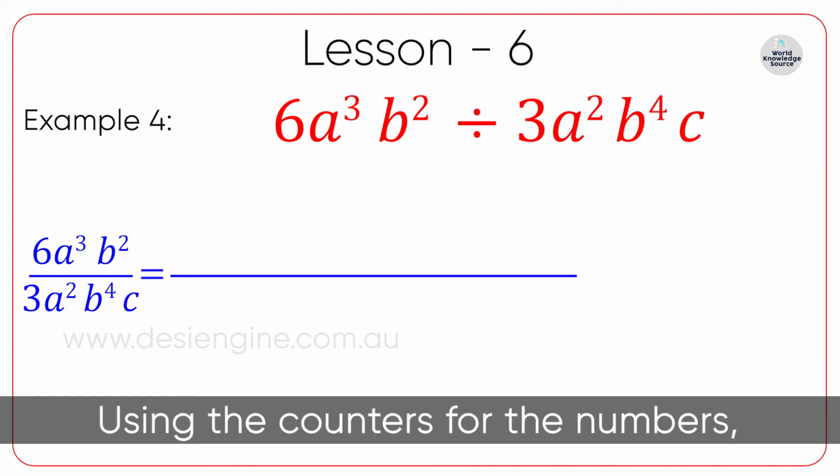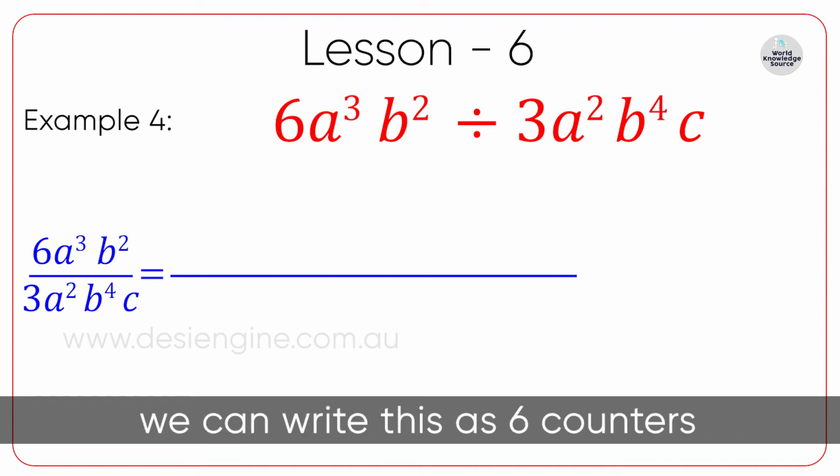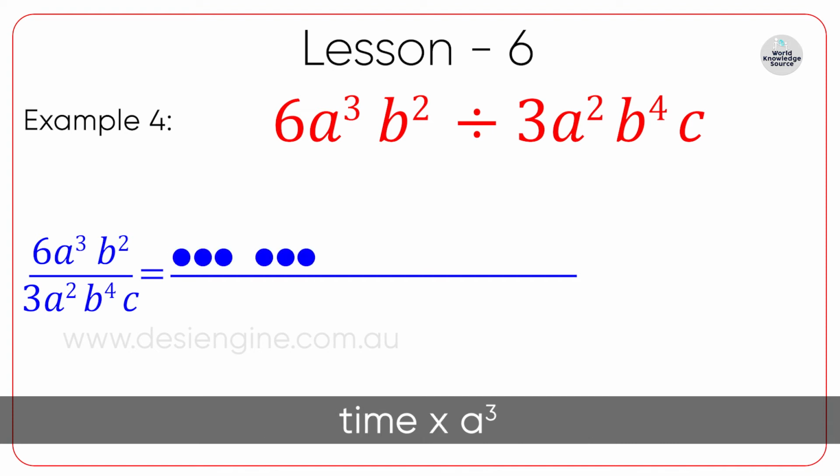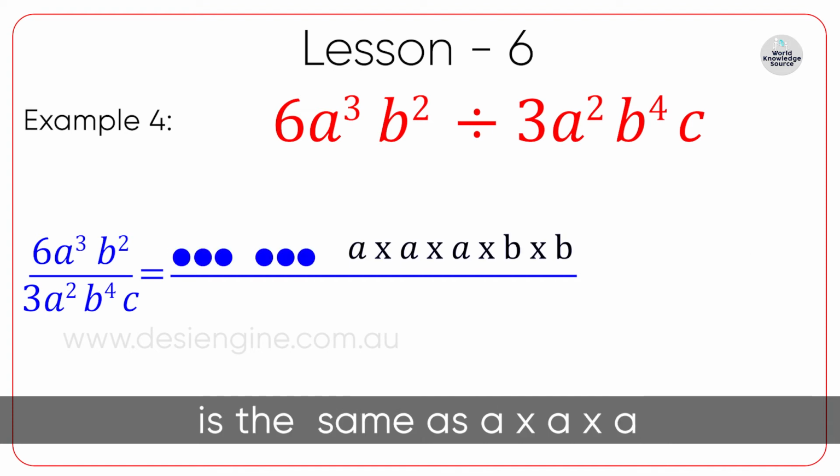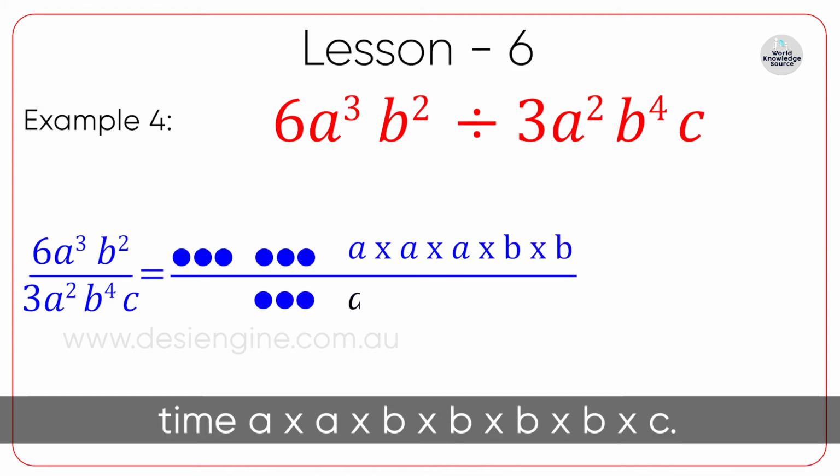Using the counters for the numbers, we can write this as 6 counters times a power of 3, which is the same as a times a times a, times b power of 2, which is the same as b times b, over 3 counters times a times a times b times b times b times b times c.